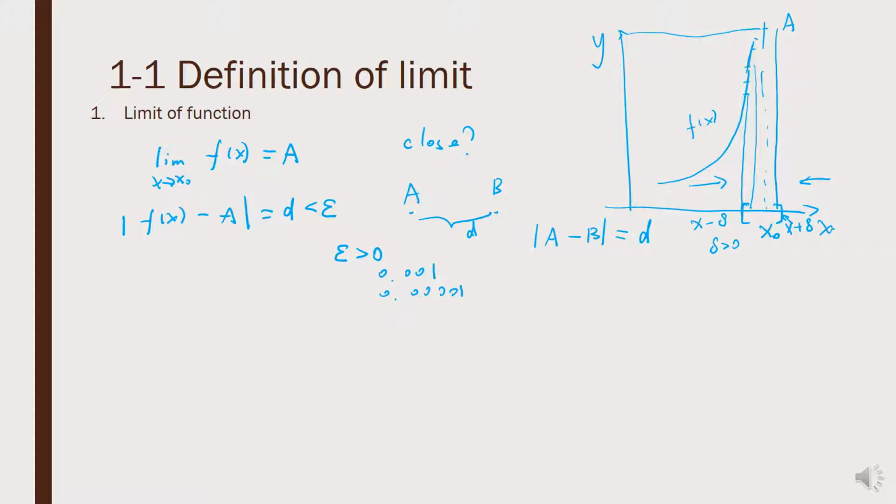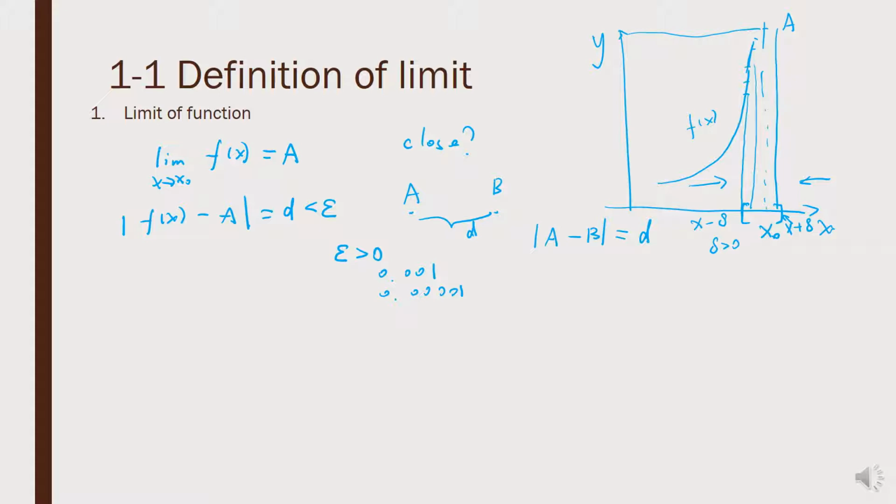Alright, so it seems like on the y-axis, right? The distance between the f(x) and a could be very small, no matter how small the number epsilon you can imagine, the distance between them could also be smaller than epsilon. But on the x-axis, right?